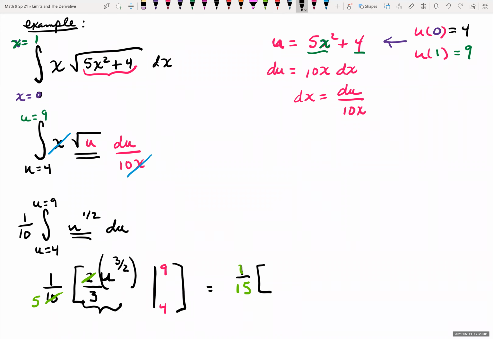Now we just have to worry about this u to the 3/2 power. And let's rewrite it as a radical. So this is the square root, plug in 9, upper bound, and then let's cube it, minus plugging in our lower bound. So the square root of 4, and then let's cube it.